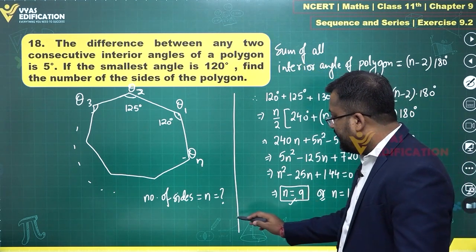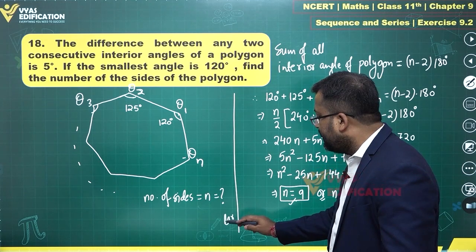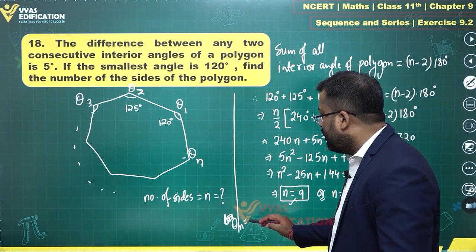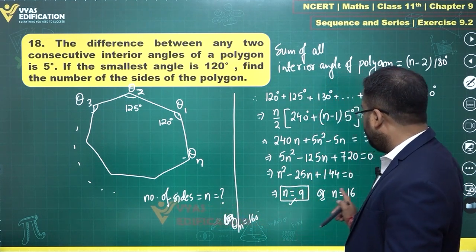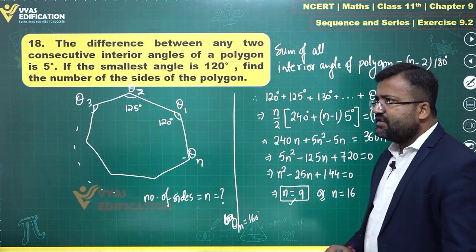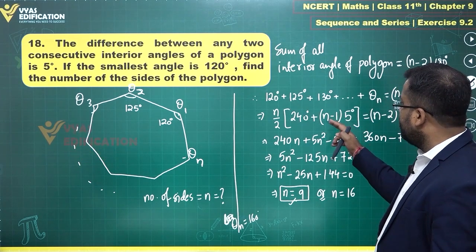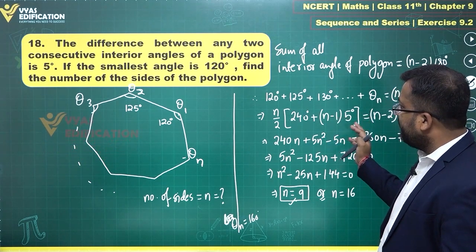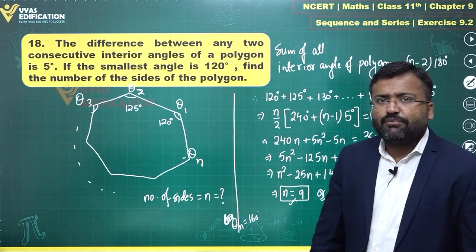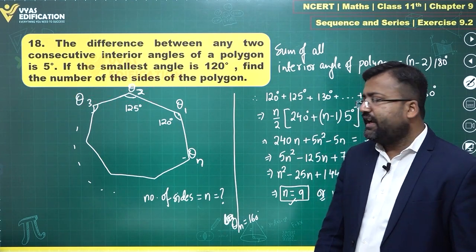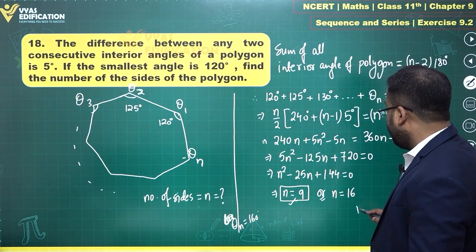For n equals 16, 16 minus 1 is 15 times 5, using a plus n minus 1 d, is 75 plus 120, which will be 195 degree.